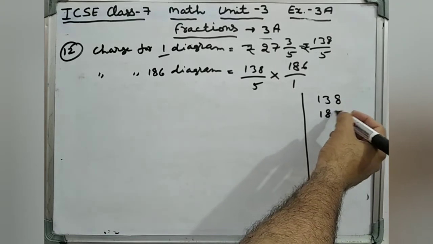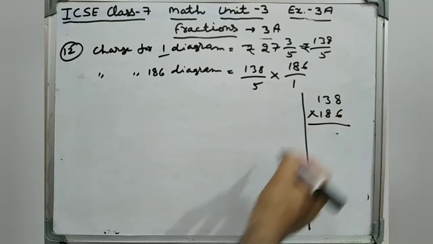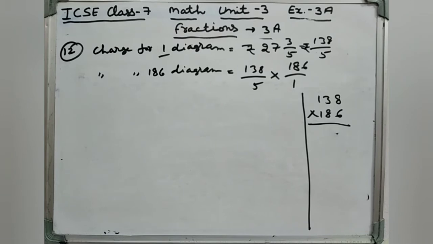138 multiplied by 186. If you know the shortcut tricks to do the multiplication, you can easily do it in just simple steps.